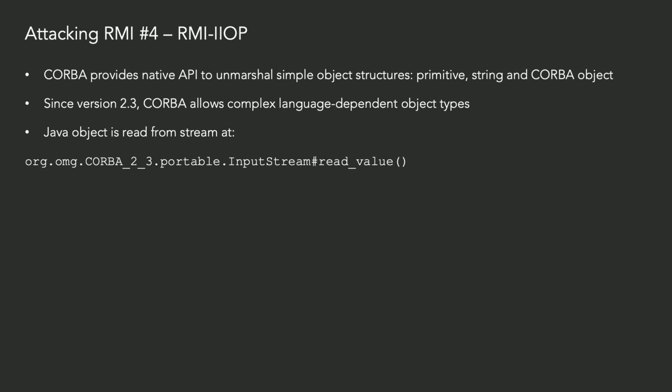But since version 2 or 3, CORBA allows complex language-dependent object types. So in Java, this smells like deserialization. A Java object is read from the stream at the input stream read_value. It's an internal Java JRE package.